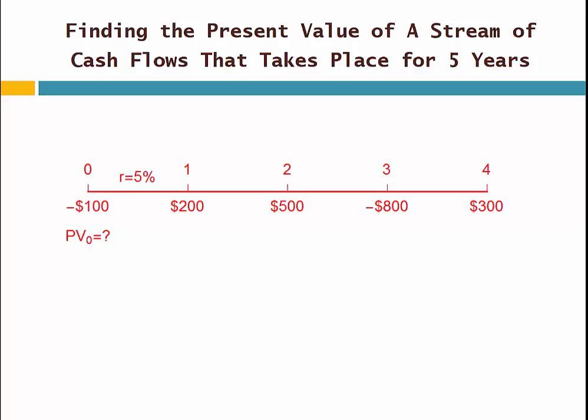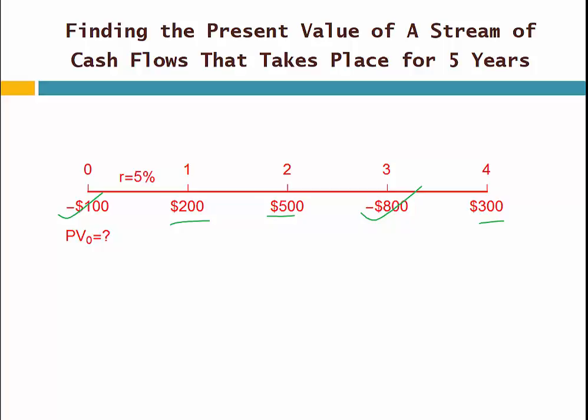Let's see another example. In this example, we have five cash flows. Here, I want to emphasize for future use, I'm introducing you to negative cash flows, which means you are paying cash. This is a cash outflow, whereas a positive means a cash inflow coming to you, and a negative means it's going away from you.